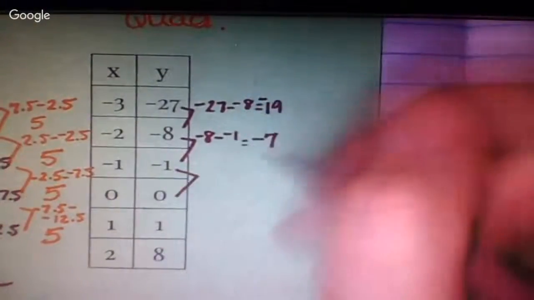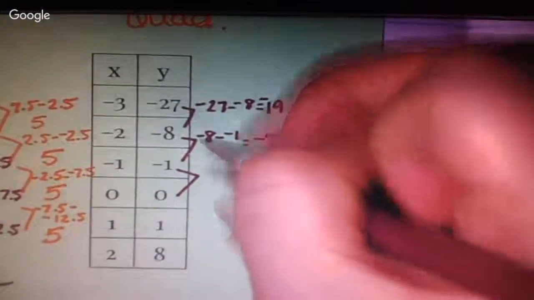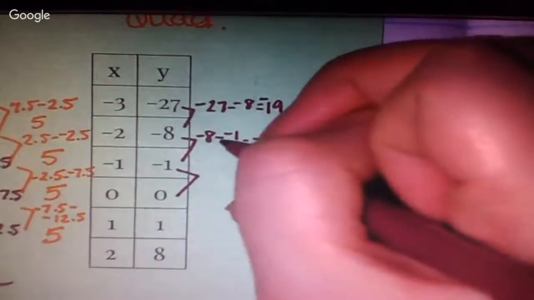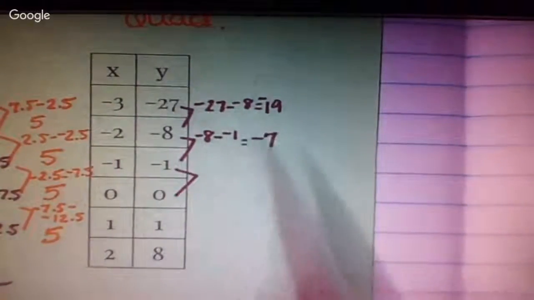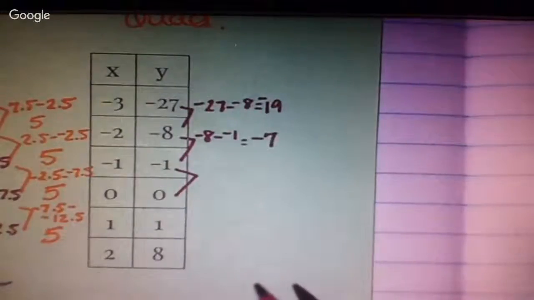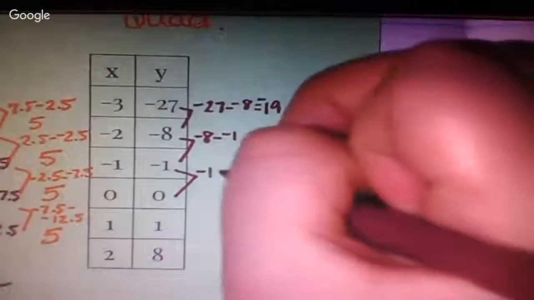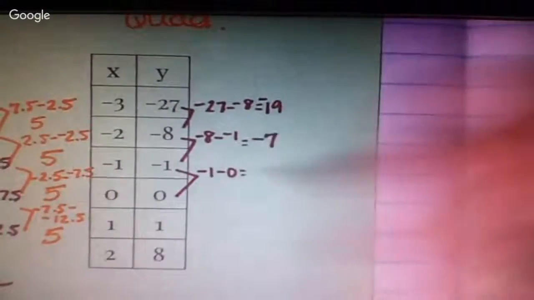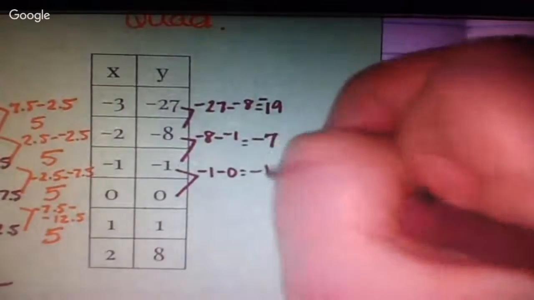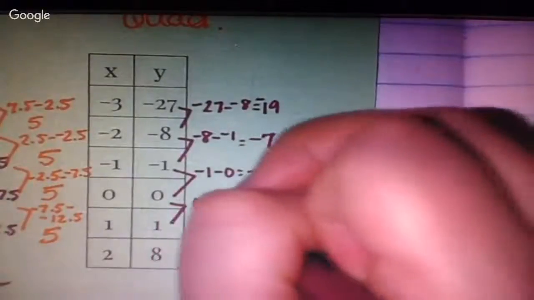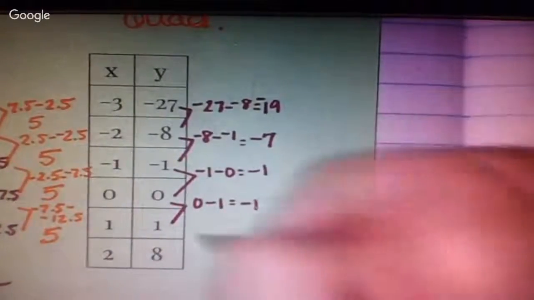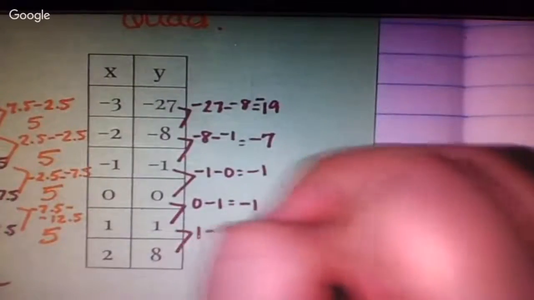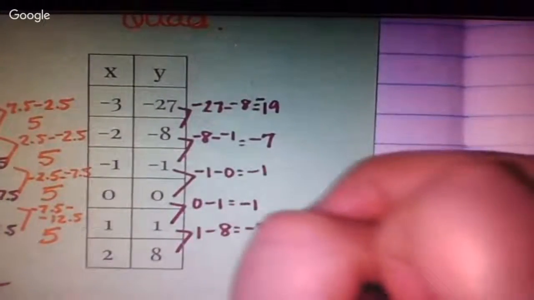Negative 8 minus negative 1. So I was looking at 8 minus 2. Negative 1 minus 0, negative 1. 0 minus 1, negative 1. 1 minus 8, negative 7.